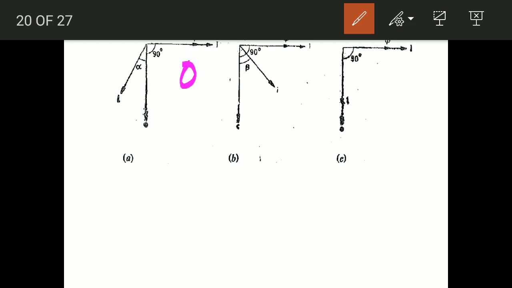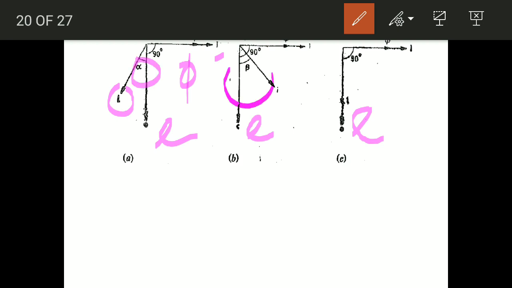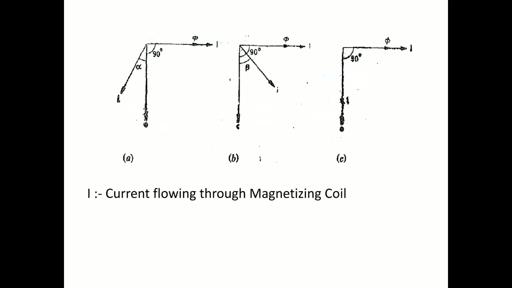Here this indicates phi, this indicates capital I, this indicates small i, and this indicates small e. We have drawn this phasor diagram for three different conditions: for lagging load, then leading load, and then unity power factor load. Now let us discuss one by one what the parameters indicate over here.